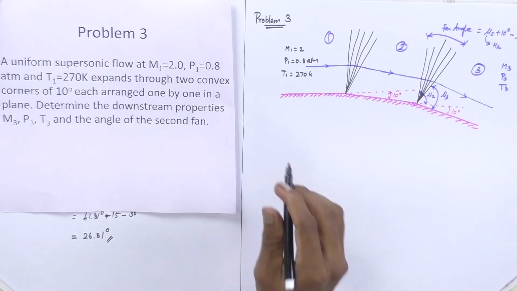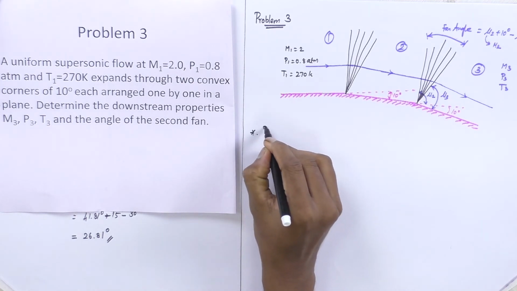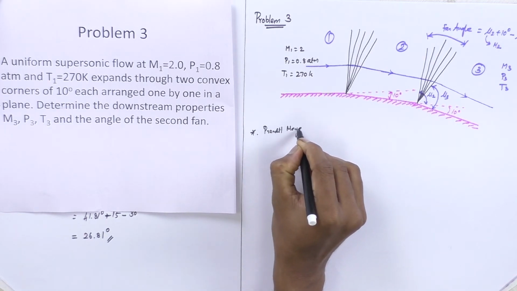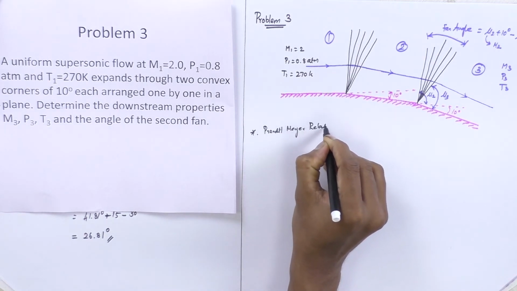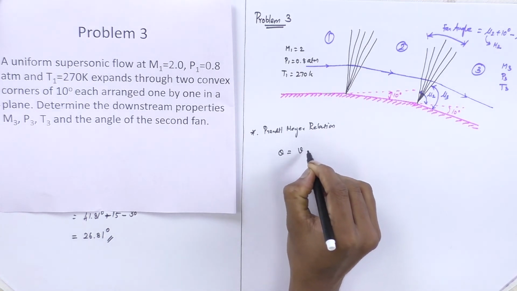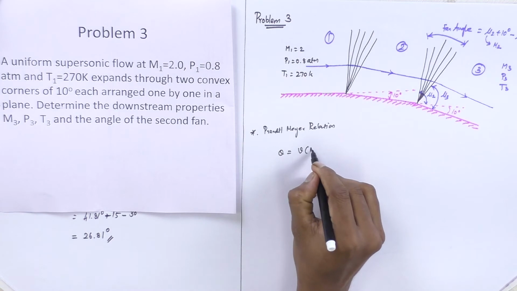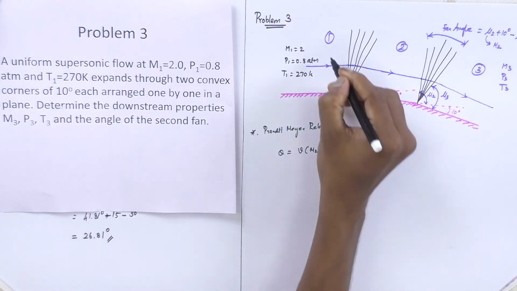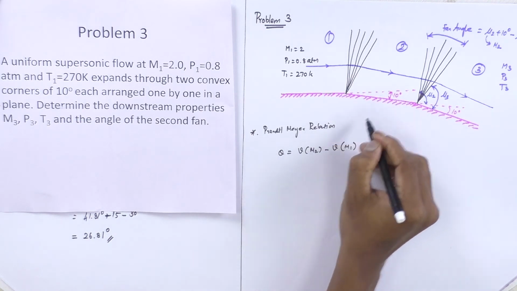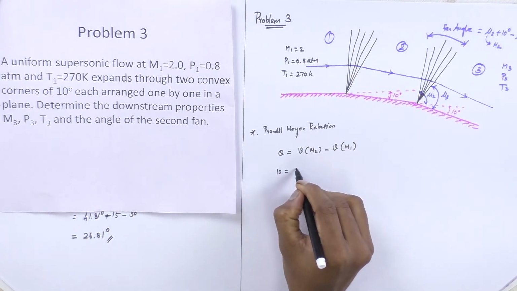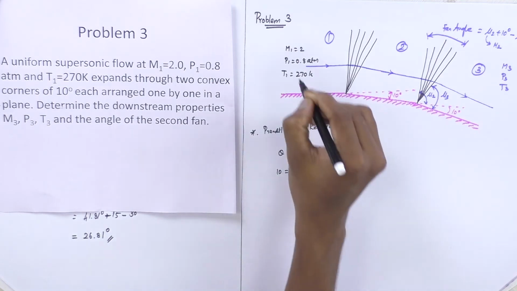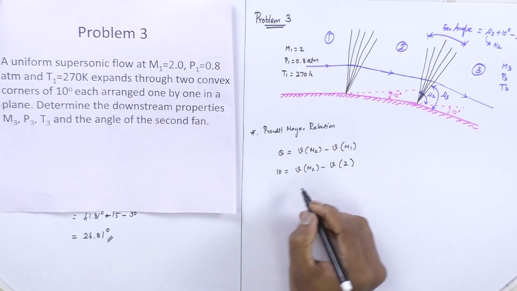Again from the Prandtl-Meyer relation, theta will be equal to V of downstream Mach number M2 minus V of upstream Mach number M1. So theta is 10 degrees, so this 10 degrees is equal to the Prandtl-Meyer function of M2 minus the Prandtl-Meyer function of M1, where M1 is 2.